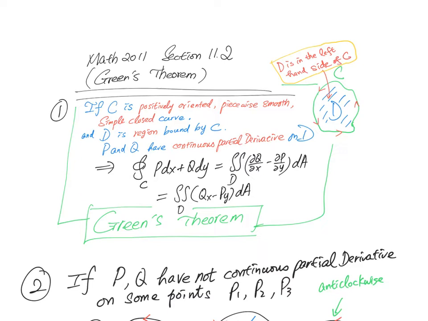Green's theorem tells us that so long as C, this path, is positively oriented, for example, we consider anti-clockwise as the positive orientation, and D is the region bounded by this curve, and also C is piecewise smooth and a closed curve.